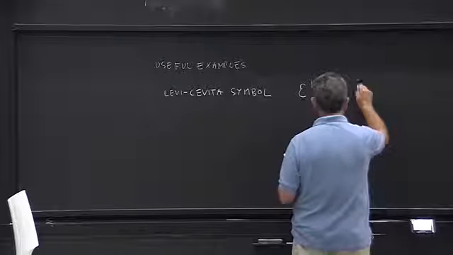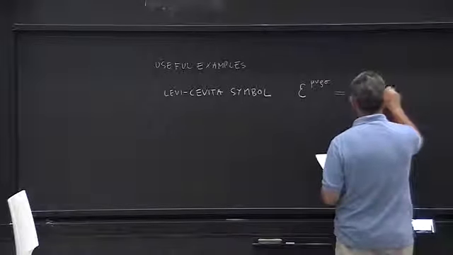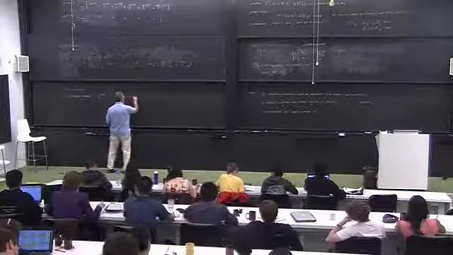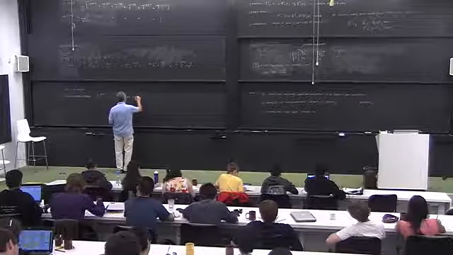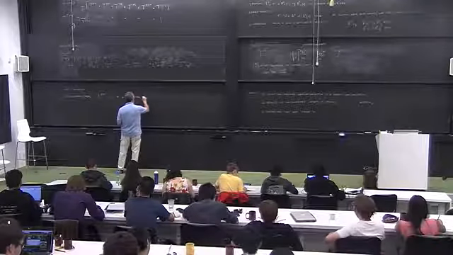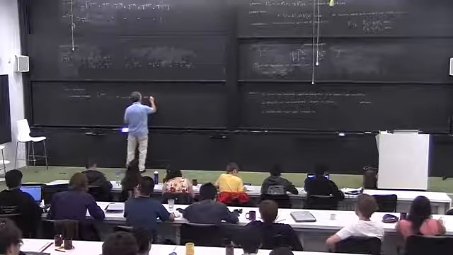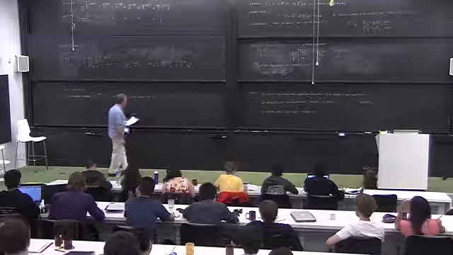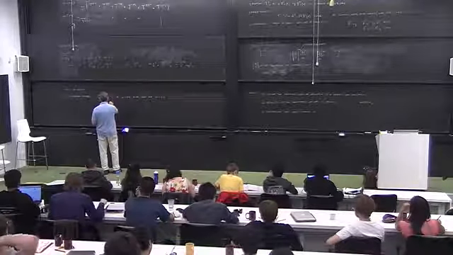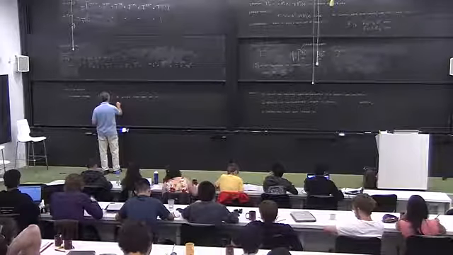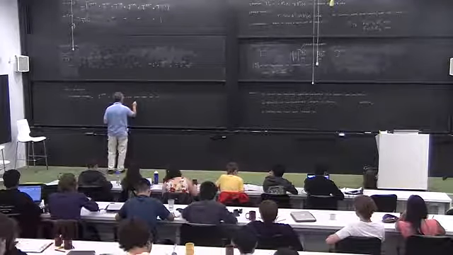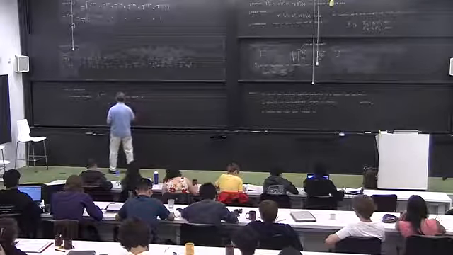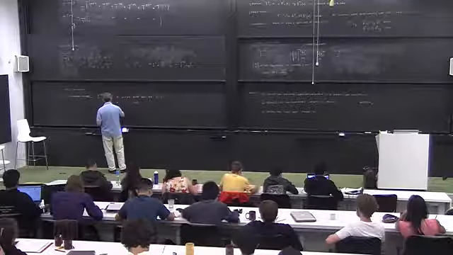It's equal to 1 if mu, nu, rho, and sigma is an even permutation of the indices 0, 1, 2, 3. It's equal to -1 for an odd permutation, and it's equal to 0 otherwise.